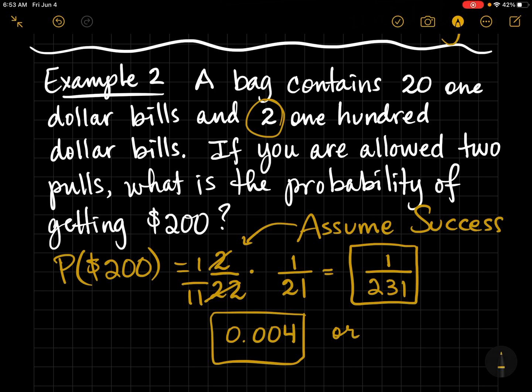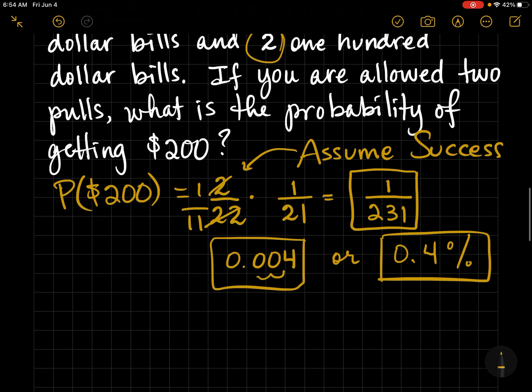Furthermore, you could write it as a percentage by moving that decimal twice. So that is less than 1%, okay? So again, pretty unlikely.